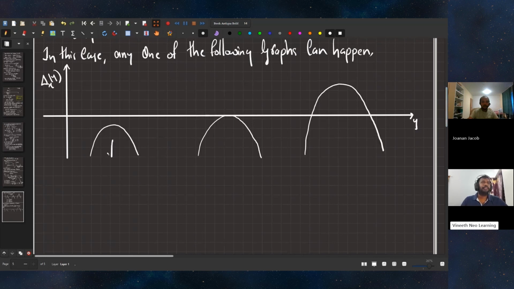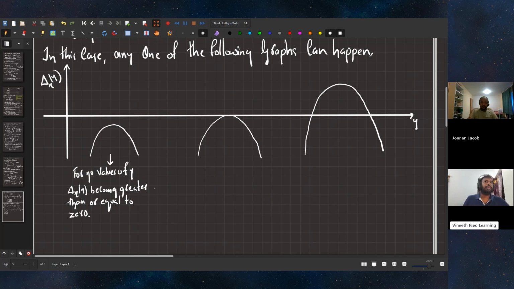Yes. In this case, for no values of y will we get the discriminant greater than or equal to 0. For no values of y does delta xy become greater than or equal to 0.